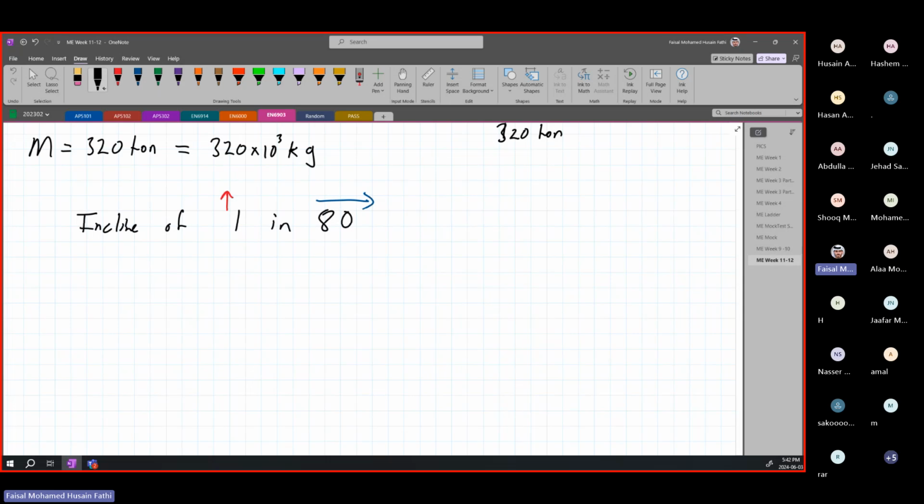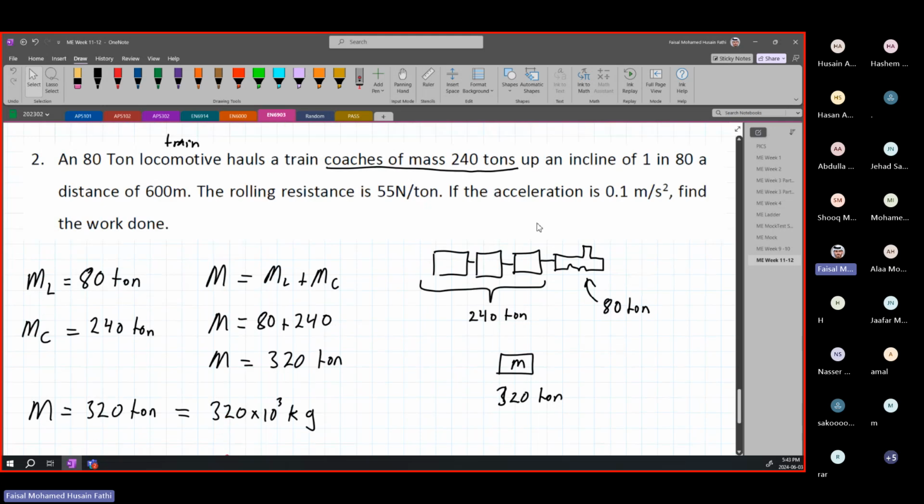So if I want to draw the triangle for this, it is going to be 80, and this is going to be our 1. So this is the triangle that you have. This is what is meant by an incline of 1 in 80.